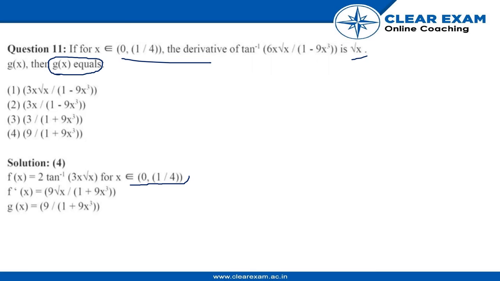We can see that root x is present also here in f dash x, and if we do it like this, the value of g(x) would be simply 9 upon 1 plus 9x cube. And if we look closely, the fourth option is the correct one.